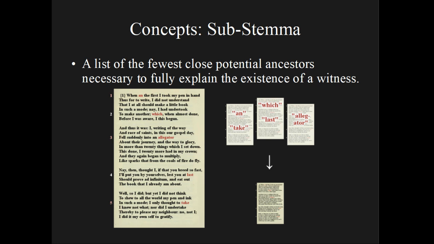A computer will basically generate a whole bunch of possibilities, and then a text critic will sit down in front of those possible immediate families for a manuscript, and he'll go through them, and he may tweak them a little bit, and he may change them around, and he'll basically try to explain every reading that is found in a manuscript on the basis of manuscripts that came before it, right?